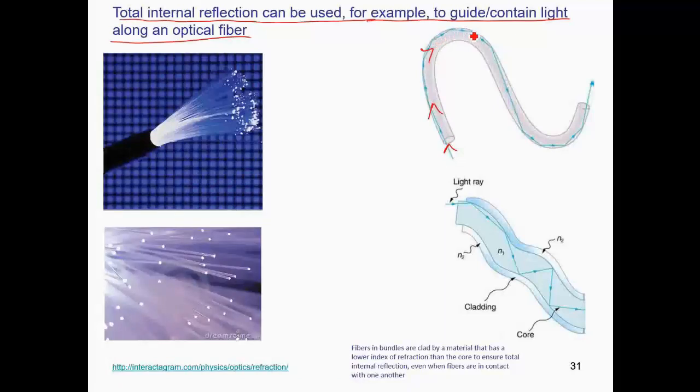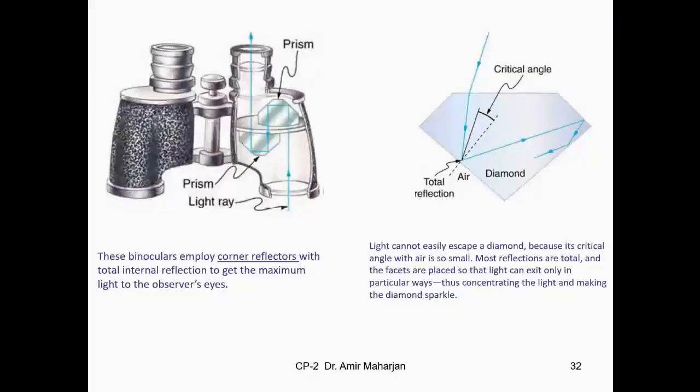This is TIR. The light never gets a chance to escape from the surface, and it just travels inside the pipe. You can send any signals using optical fiber, and it's a very efficient way of sending data, very fast data transmission.